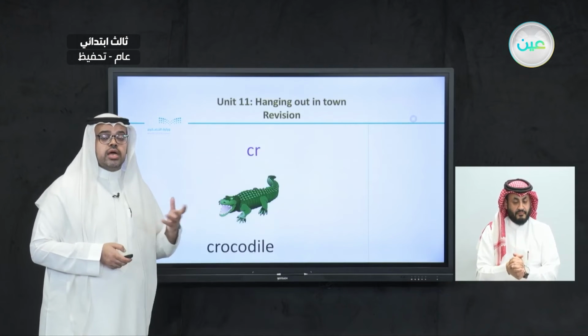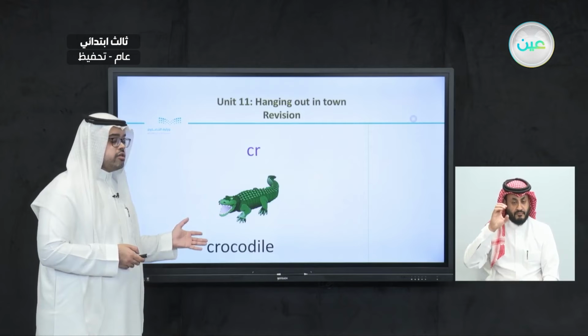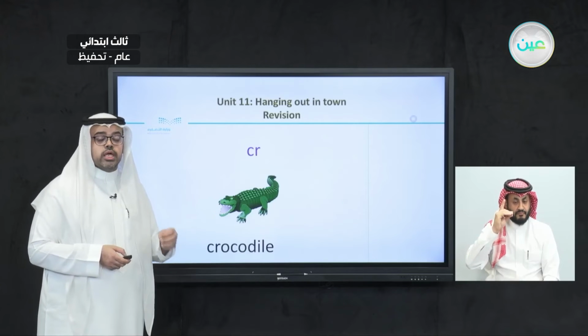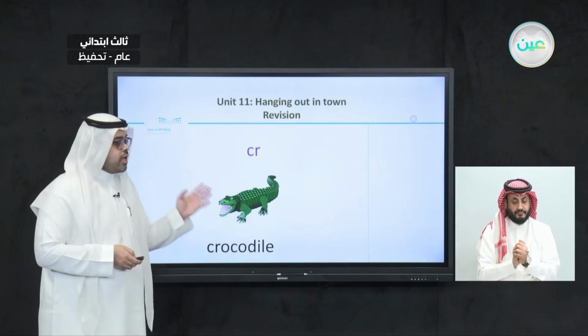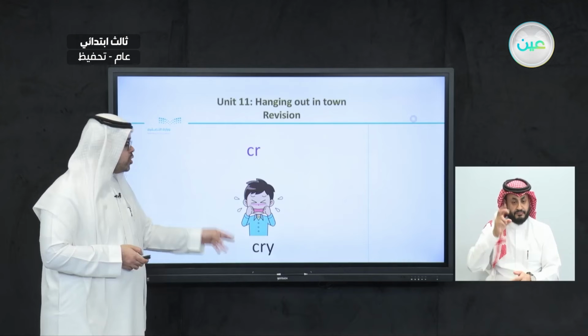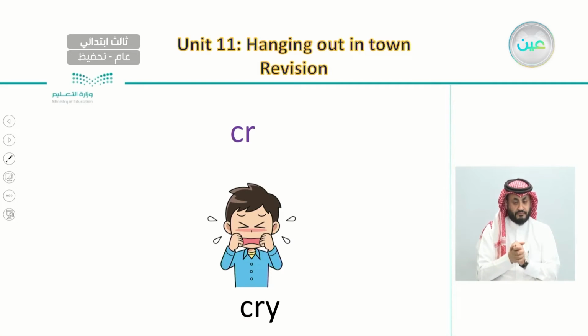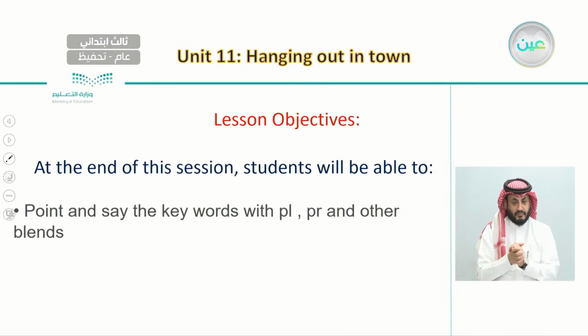Crayon. And the third one, crocodile. Crocodile. And the last one, we should start with C and R and pronounce it in one unit as in cry. Cry. Very well.